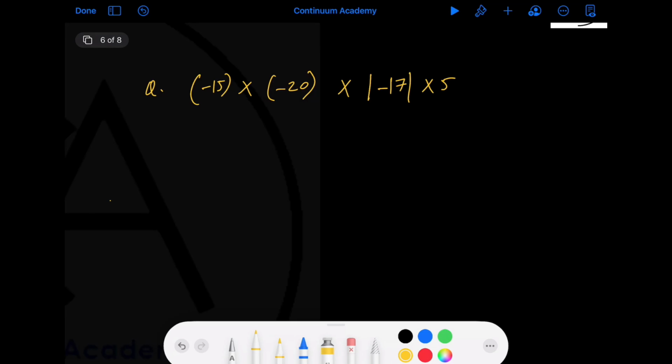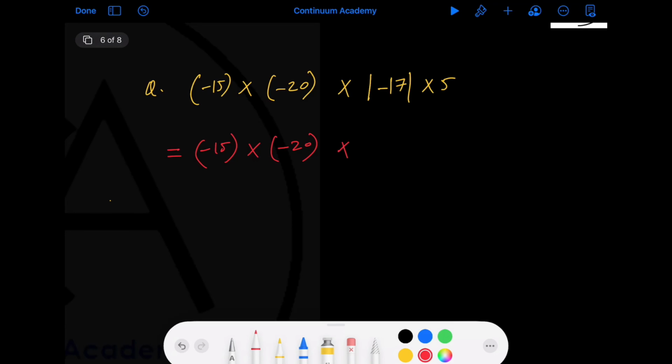You can see that there is one mod and there is a bracket. Minus 15 into minus 20, these are inside the bracket. Now I'm going to operate the mod here.